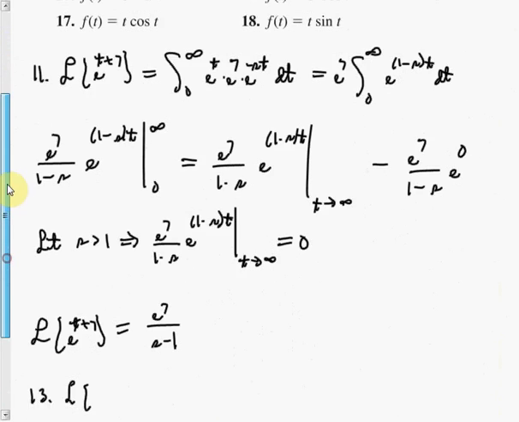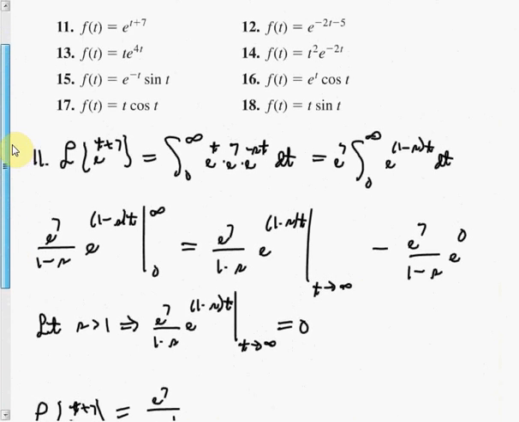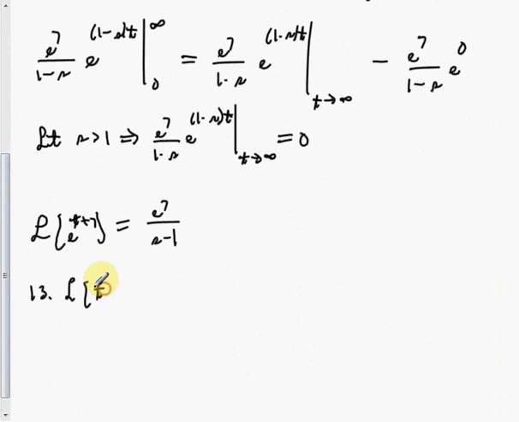Laplace transform, what is this? Of t times e to the 4t. So this is the integral from 0 to infinity of t times e to the 4t. Remember, the Laplace transform by definition has automatically an e to the negative st in the integrand dt.